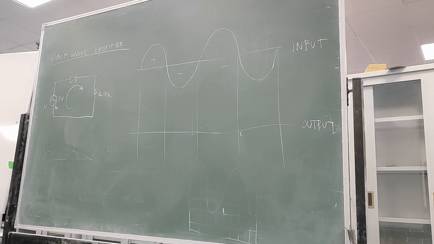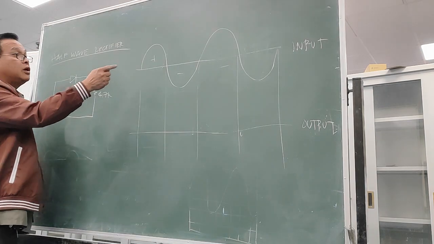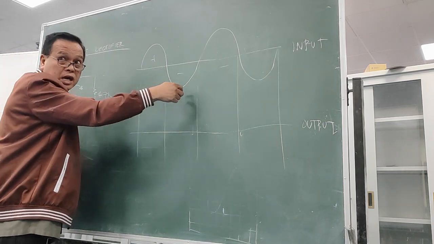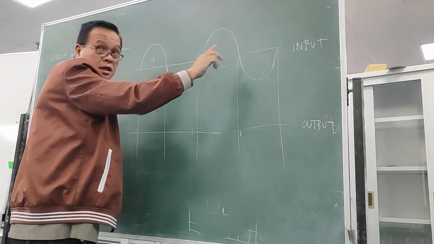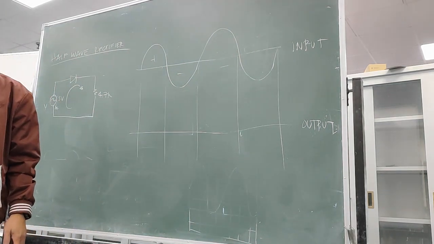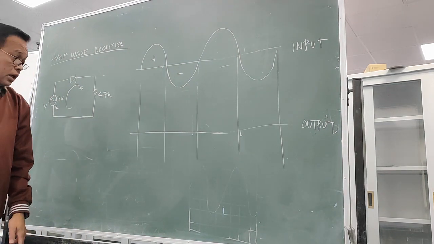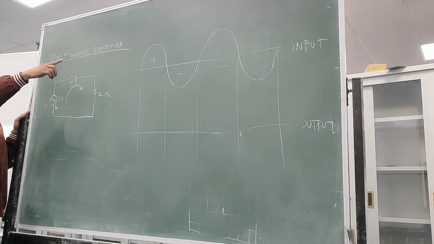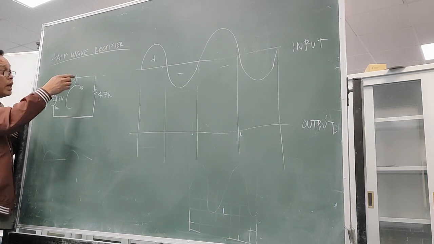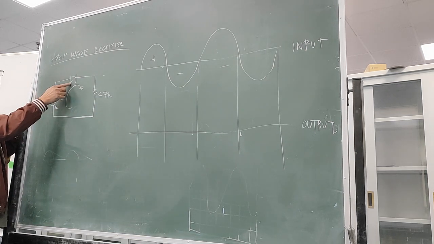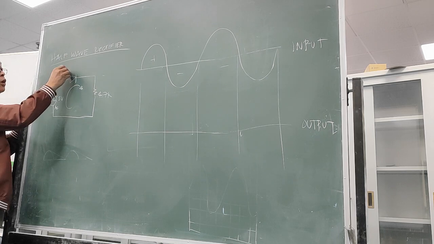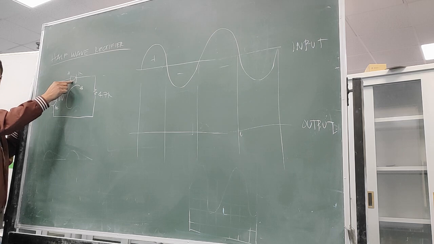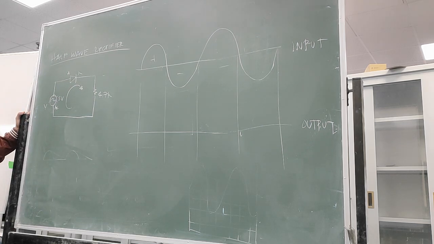So how does it operate? As I mentioned, a sine wave consists of a positive cycle and a negative cycle, repeating. Positive, negative. We all start with positive. During the positive cycle, this is the positive side, or what we call the anode, and this is the cathode, the negative polarity of the diode.